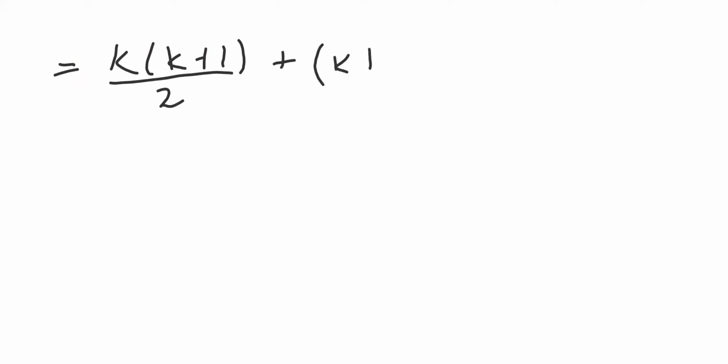So we got on the right hand side k plus 1 over 2 plus k plus 1. And we're going to simplify it in a way that you go back to your question, which said that your right hand side must be equal to n plus 1 over 2.